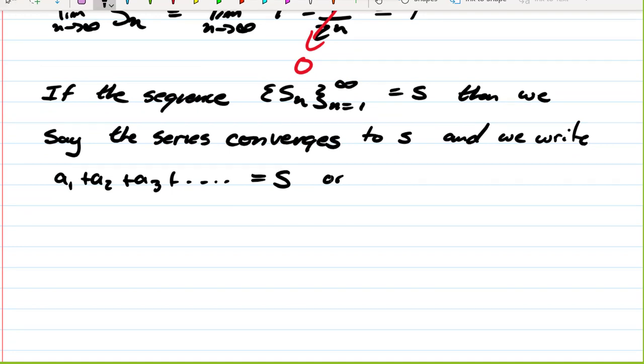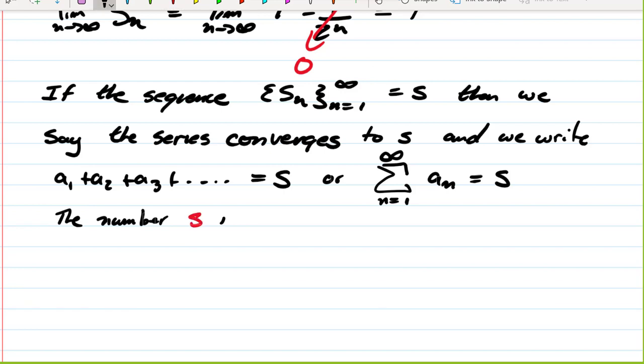Or, in sigma notation, the sum as n goes from 1 to infinity of the a sub n's is equal to S. The number S is called the sum of the series.